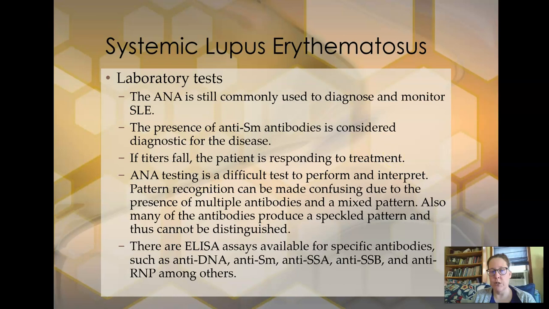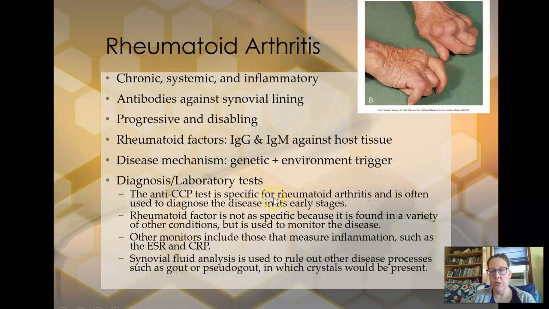Pattern recognition can be made confusing by the presence of multiple antibodies and a mixed pattern. Also, many of the antibodies produce a speckle pattern and thus cannot be distinguished. There are some ELISA assays available for specific antibodies, such as anti-DNA, anti-Sm, anti-SSA, anti-SSB, and anti-RNP, among others.